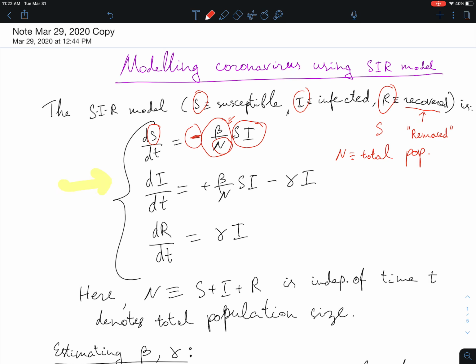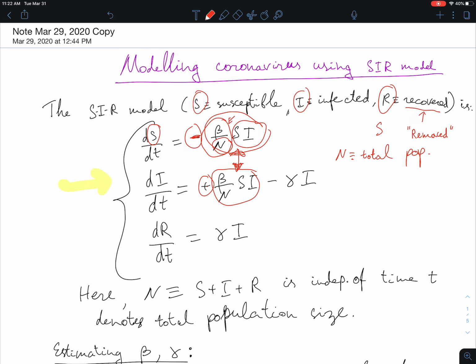Hence the minus sign. And then they move into the infected class. So this term here is the same as that term, except with a plus sign. They go from being susceptible to becoming infected.